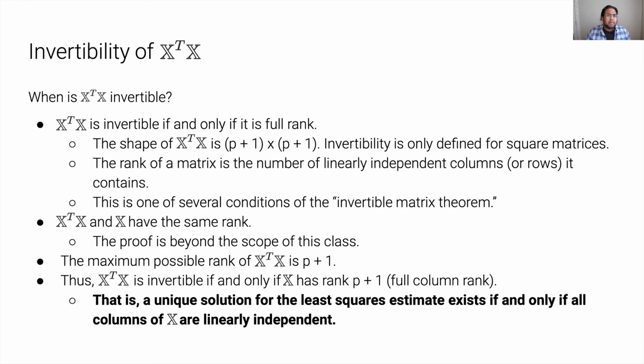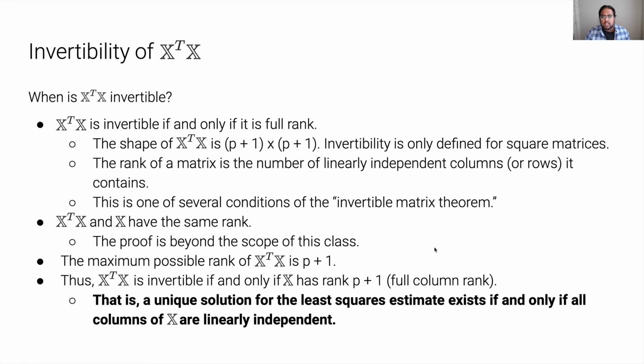But the rank of X transpose X is only p plus 1 if the rank of X is also p plus 1, because they have the same rank. That means X transpose X is invertible if and only if X has full column rank, or has rank p plus 1.